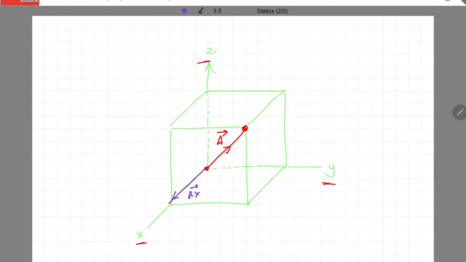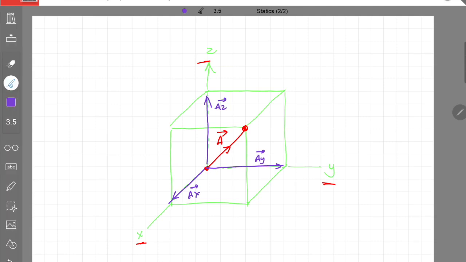The A vector along the y direction would look like this, and we call it the AY vector. And the A vector along the z direction will look like this, and let's call it the AZ vector. Notice that all the component vectors, AX, AY, AZ, are bounded by the box. They don't exceed the box that we drew.